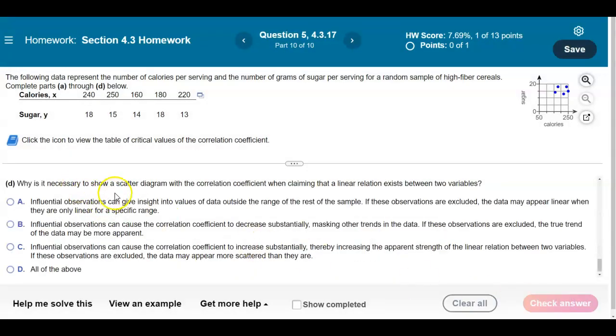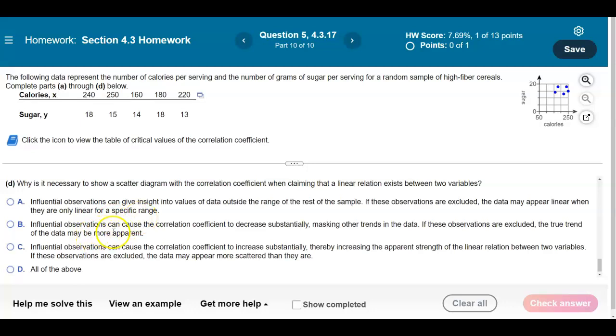Okay, now it says, why is it necessary to show a scatter diagram with the correlation coefficient when claiming that a linear relation exists between two variables? It says influential observations can give insight into values of data outside the range of the rest of the sample. If these observations are excluded, the data may appear linear when they are only linear for a specific range.